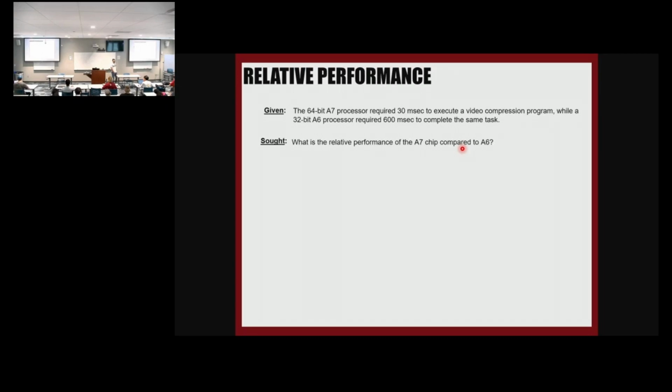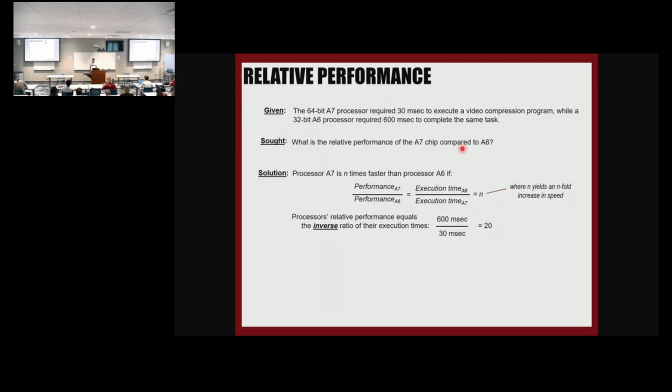It's 20, right? So we have 30 milliseconds. If you want to go based on the equation, performance A7 over performance A6 is equal to execution time A6 over execution time of A7. The execution time for A6 is 600 milliseconds, divided by 30 milliseconds, we're going to get 20, right?